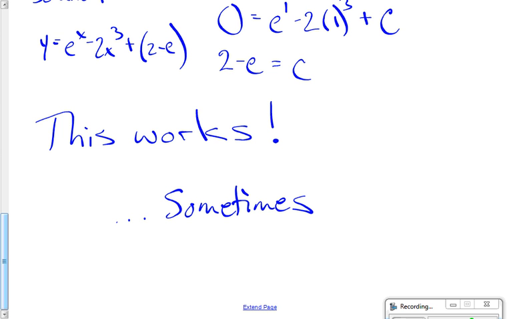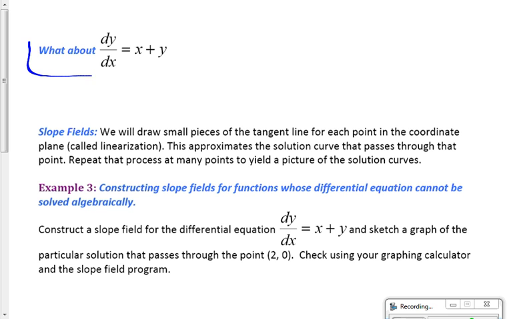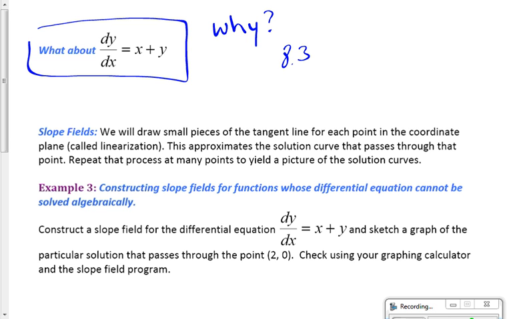The problem is, if you turn your notes page, we go to this. And I don't want to go into a lot of detail on this today, but this is a differential equation that you can't solve using traditional methods. So we're going to have to find a different way. And we're going to talk about why we can't solve that when we get to section 8.3, and that starts Friday.